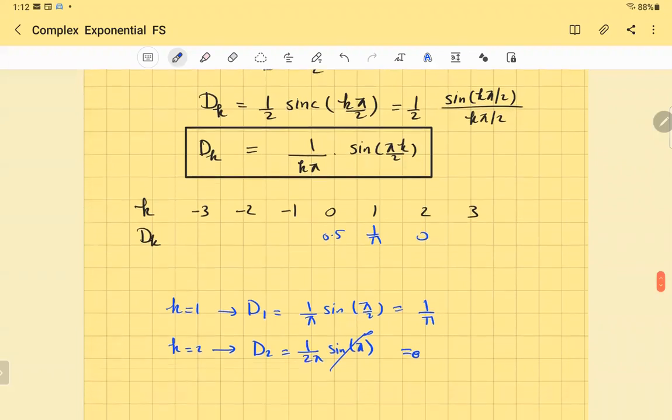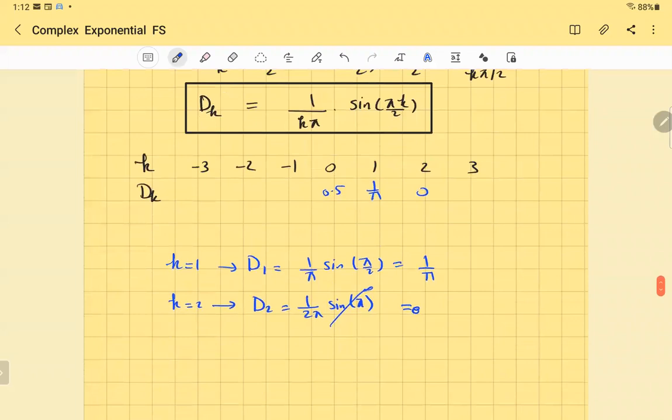So obviously you are only going to have odd numbers. When you have k equal 3, d3 is equal to 1 over 3 pi sine 3 pi over 2. That will give you negative 1 over 3 pi. So every time you are flipping in the odd terms from positive to negative, you have negative 1 over 3 pi.